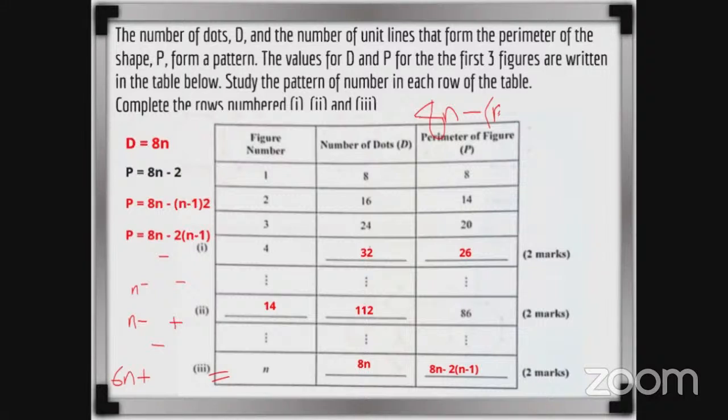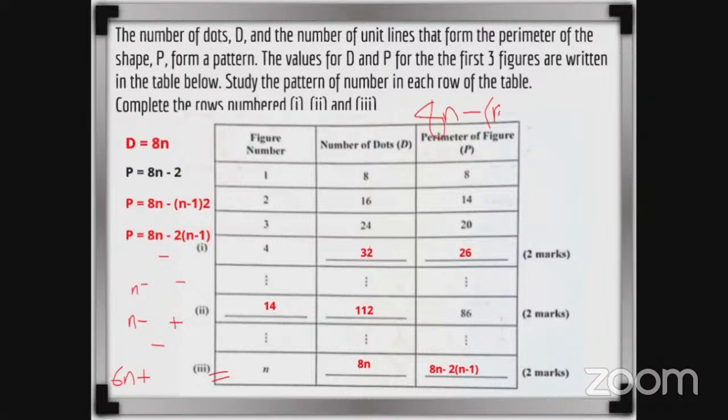The other part would be 2p. So he's saying n minus 1 multiplied by 4, subtract 2p. And n minus 1 multiplied by 4 can be simplified to give us 4n minus 4.